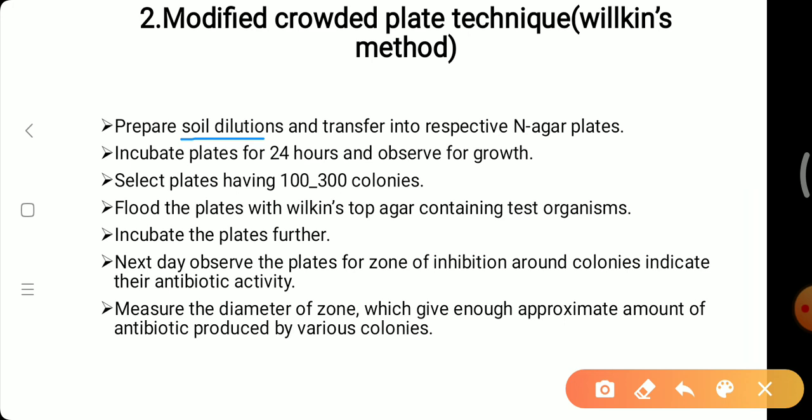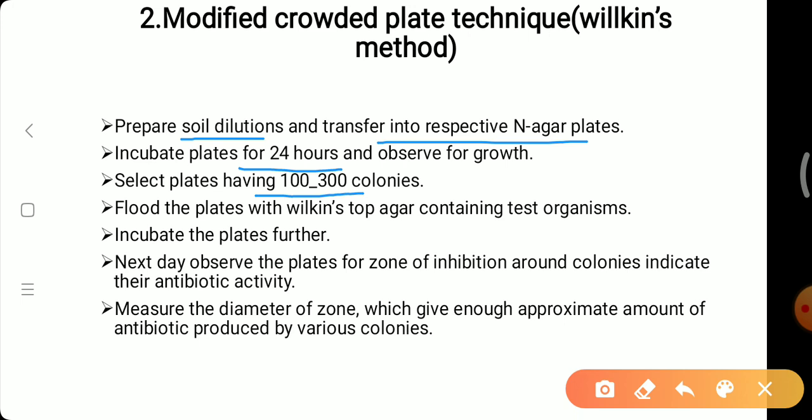After dilutions, we take respective aliquots and spread onto the nutrient agar plate. After spreading, we incubate the plate at room temperature for 24 hours. After 24 hours, we select the plates having colonies between 100 to 300.